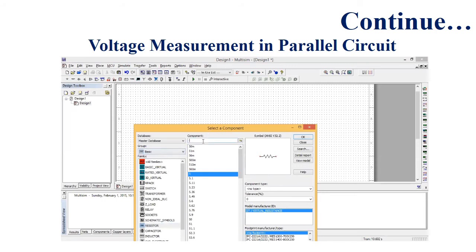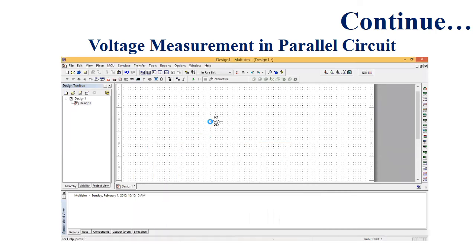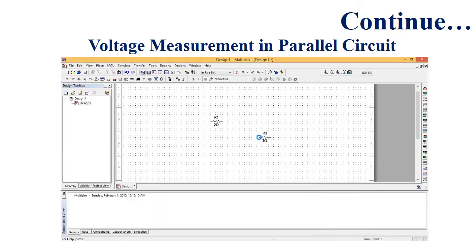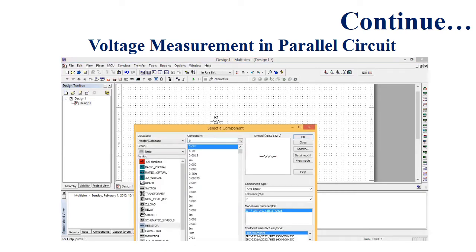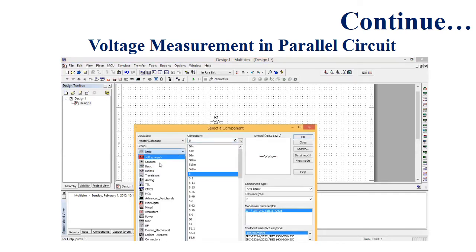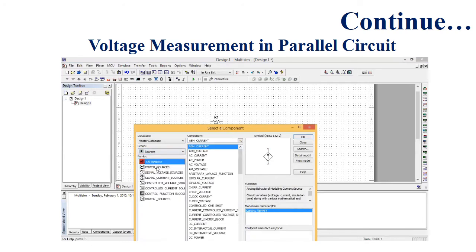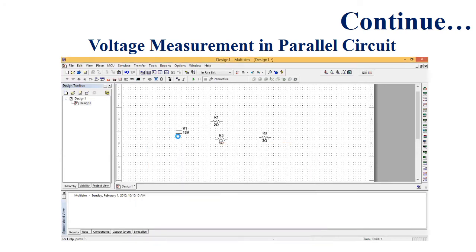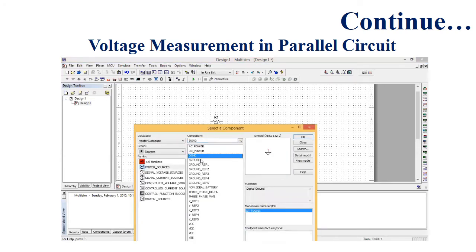So pick resistor of 2 ohm first, then 3 ohm, then 5 ohm. Then moving towards sources, then power sources, then pick DC power, place it, pick ground and place it.